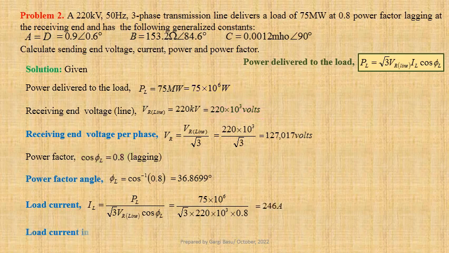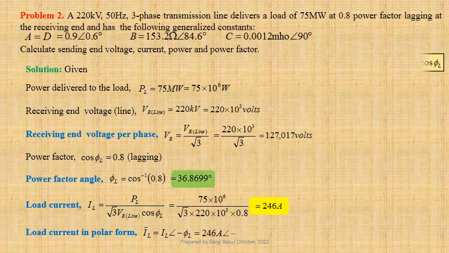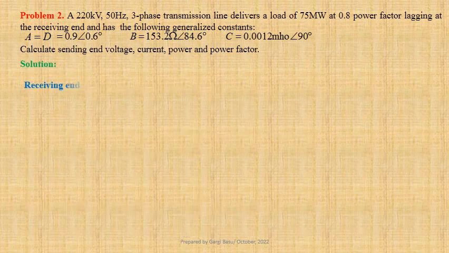Load current may be written in polar form as IL equals IL at an angle minus phi L, that is equal to 246 ampere at an angle minus 36.8699 degree. In this case, load current equals receiving end current IR. Taking receiving end voltage per phase as reference, we can write VR equals 127,017 volts at an angle 0 degree.